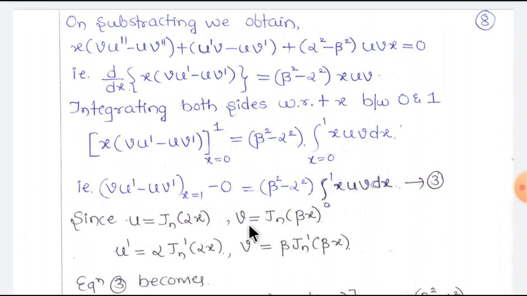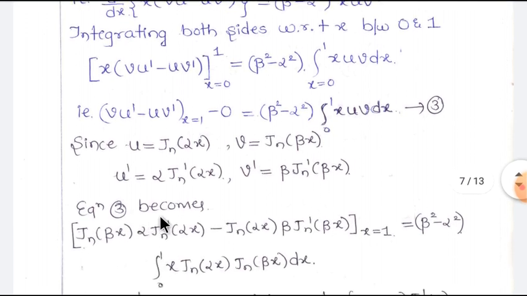Differentiate u and v with respect to x. We get u dash is equal to alpha, a constant, kept outside, so alpha into Jn dash of alpha x, and v dash is equal to beta into Jn dash of beta x. Then in equation 3 substitute these values.